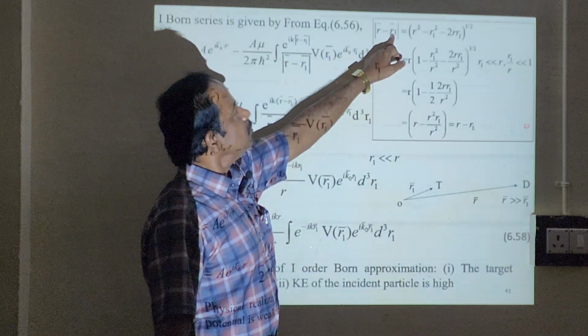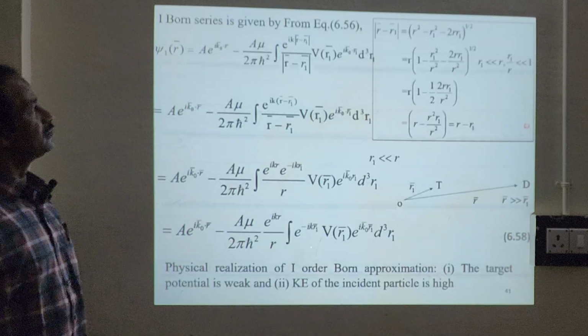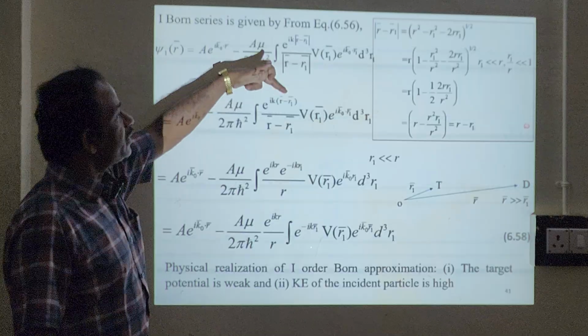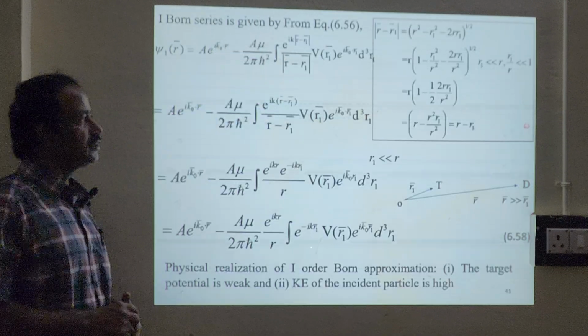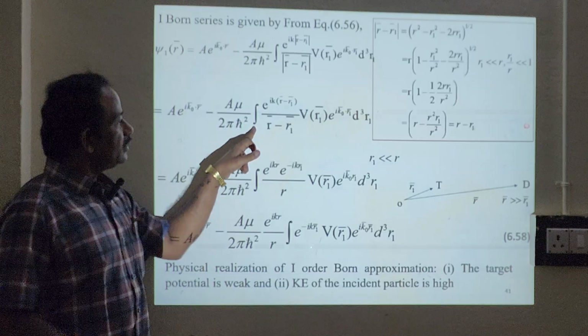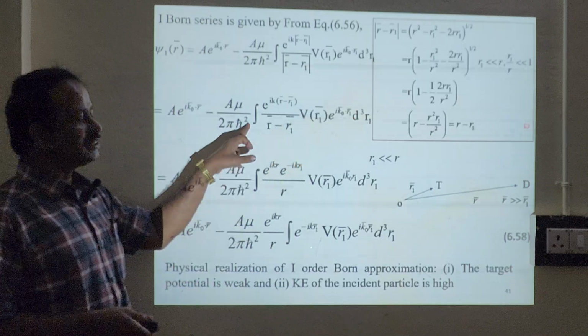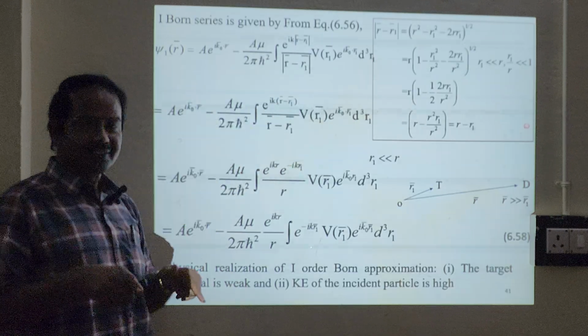So mod R minus R1 is replaced by simply R minus R1. So e power I k mod R minus R1 is replaced by this, and this mod is replaced by R minus R1. Is it okay? Now the integral is in terms of R1. Look at this equation, the integral in terms of R1. So e power I k R is constant.